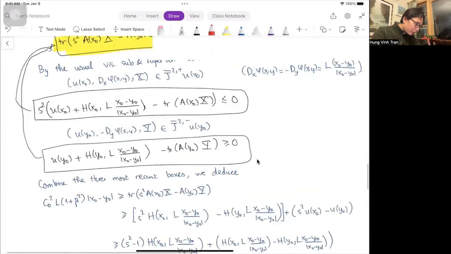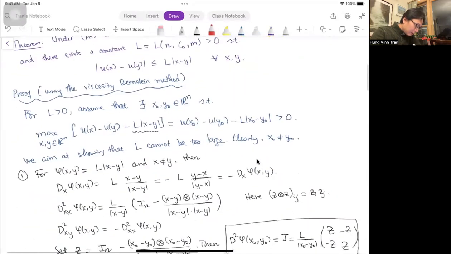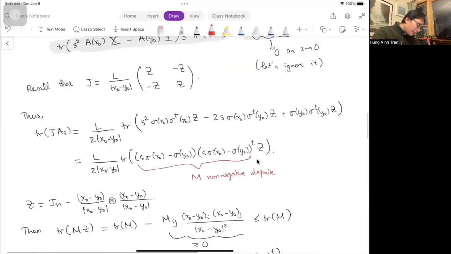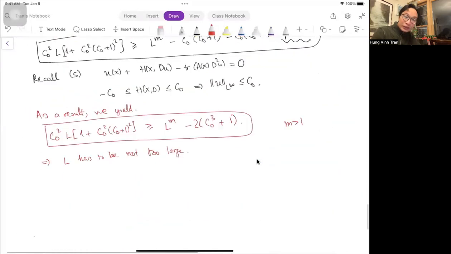Okay, so we come back to our assumption here. We were saying that if the maximum is going to be greater than 0, attained at x naught, y naught, then L cannot be too large. And hence, if we select L large enough so that this inequality, the red one, is wrong, then that cannot be the case.